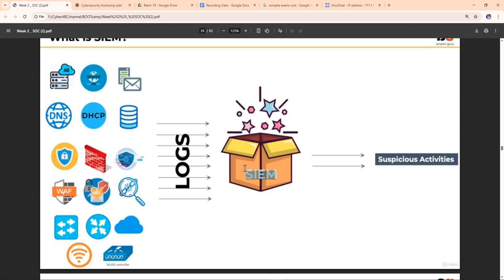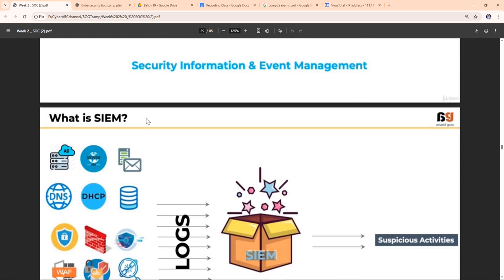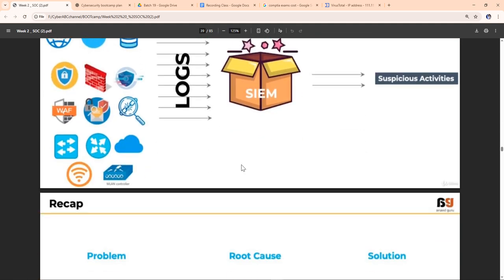So the SIEM tool takes these logs, passes them through configuration settings, and pushes out suspicious activities for us, which is what we're going to be looking at and saying, okay, this one is about to be hacked, or this one is normal. And that is what the SIEM tool does. Remember the full meaning of the SIEM? Security Information and Event Management. Yes, that is it.